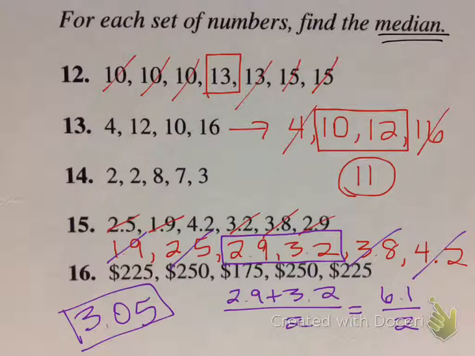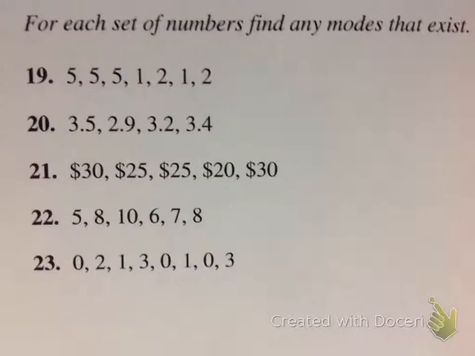So we've talked about mean, median, and now we're going to talk about the mode. A mode is a statistic that represents the number that occurs the most in the data set. You don't have to have them in order, you just need to look to see if there's one number that occurs more than another number.